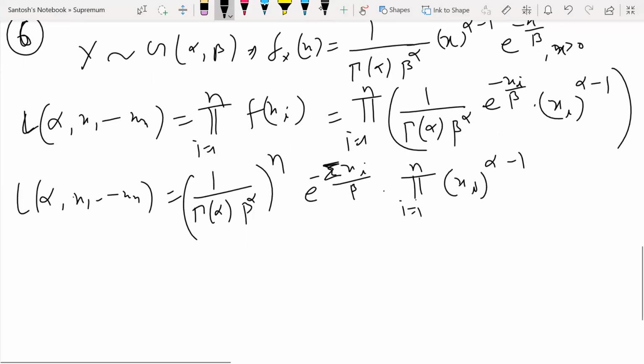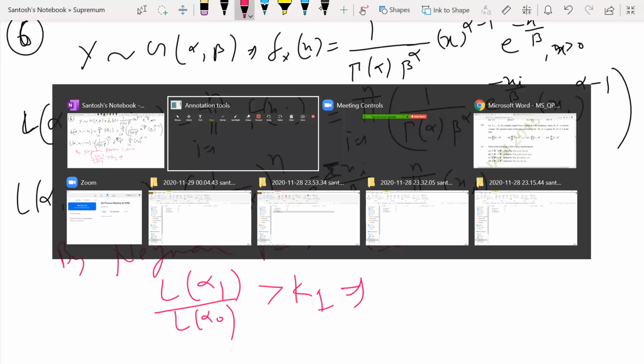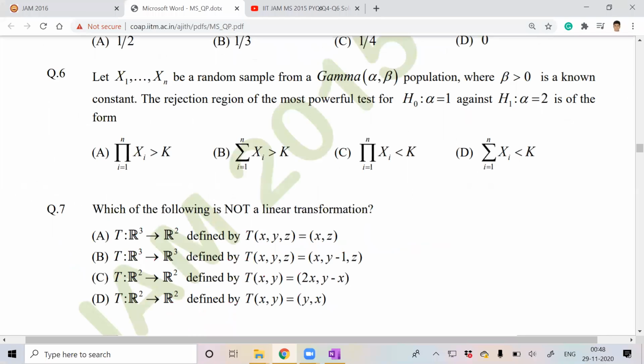So we need the critical region for the most powerful test. By the Neyman-Pearson lemma, L(alpha 1) upon L(alpha naught) is more than some constant k1. In place of alpha, we put alpha 1, which is given in the alternative hypothesis.